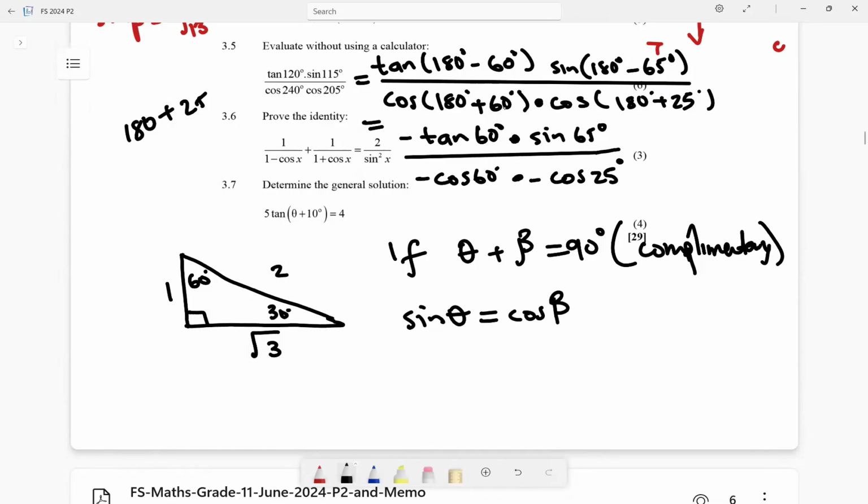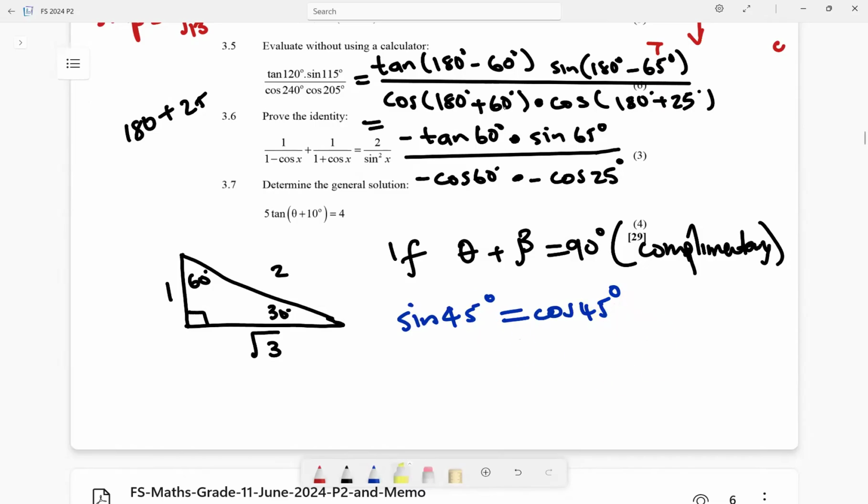I repeat, this only works if this angle plus this angle gives me 90. Then I can say they are equal. What do I mean by that? Let me do an example. Sine 45 degrees is equal to cos 45 degrees. Why? Because this angle plus this angle equals 90.